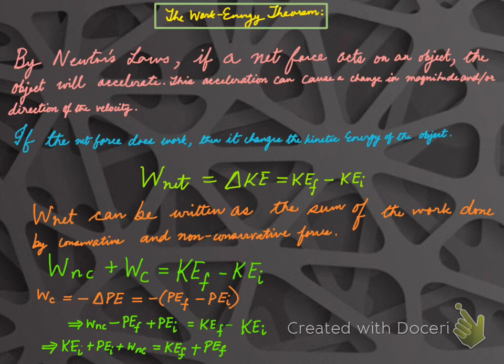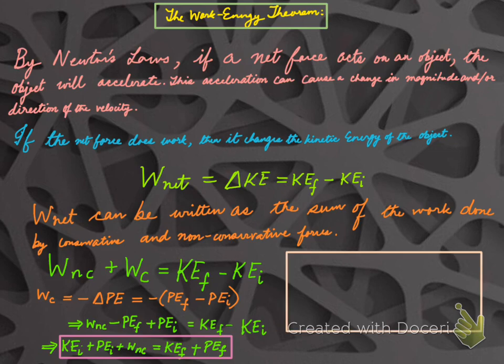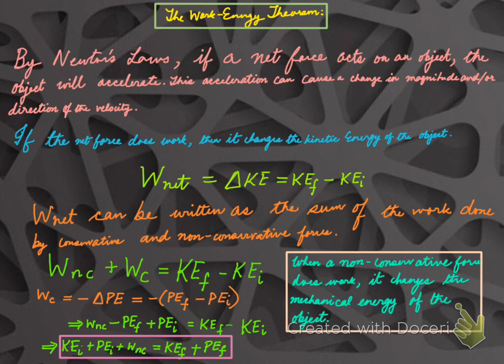So the moral of the story is that anytime non-conservative forces do work, they cause a change in the mechanical energy of an object. Now this is called the work energy theorem.